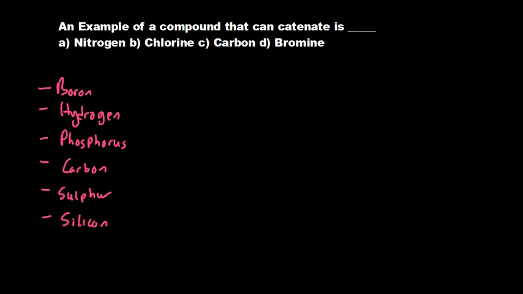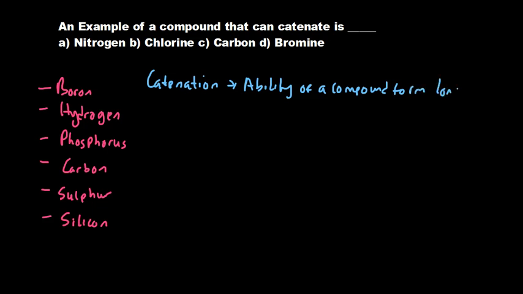Catenation is the ability of a compound to form long chains by covalently bonding with itself.